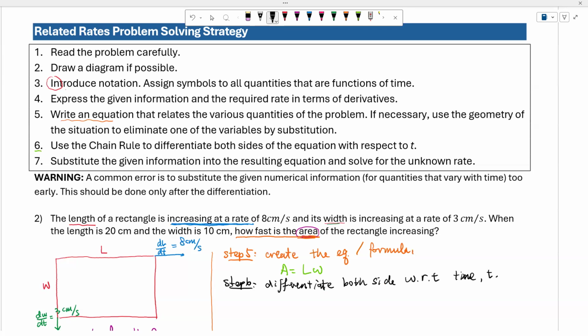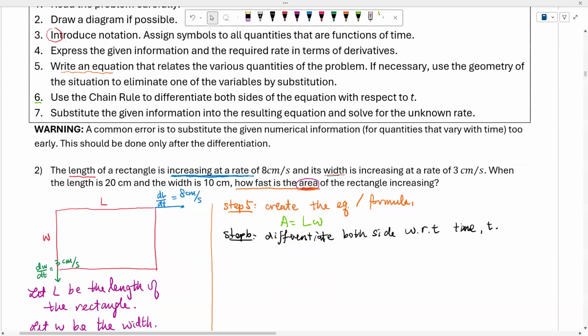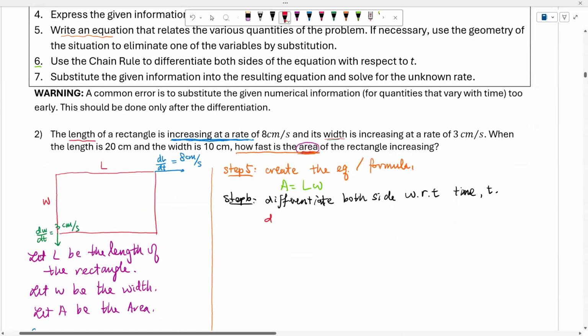So we take the derivative with respect to time of A, equal to the derivative with respect to time of L times W. The left side will be dA/dt, and on the right side we have a product, so we have to apply the product rule.